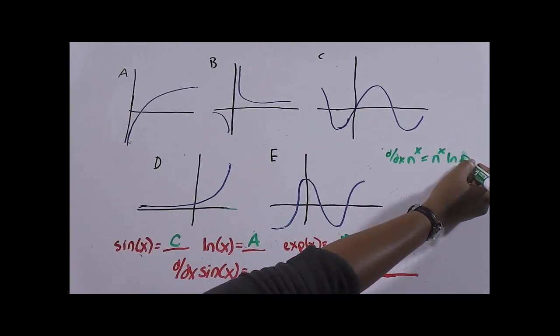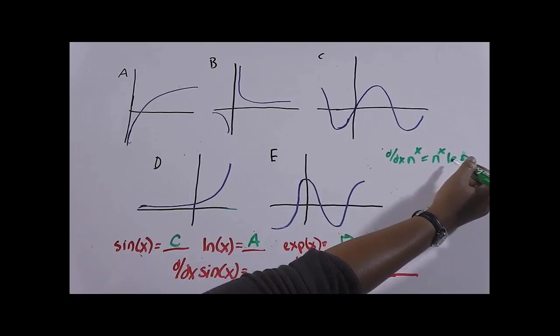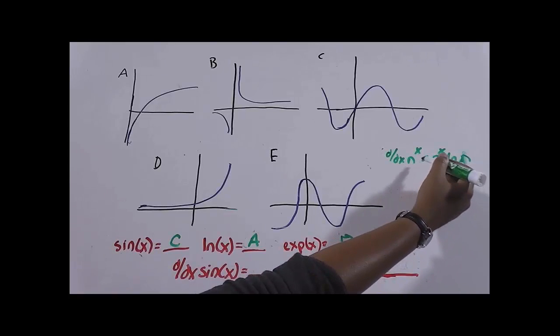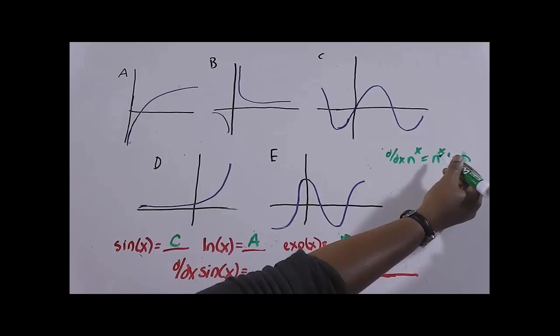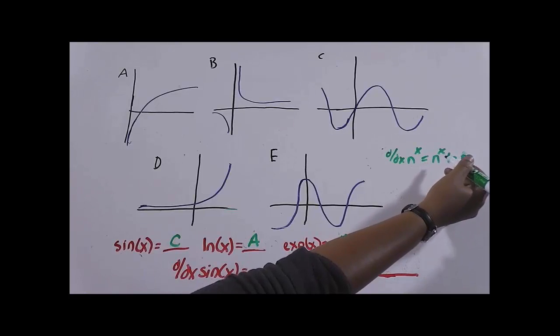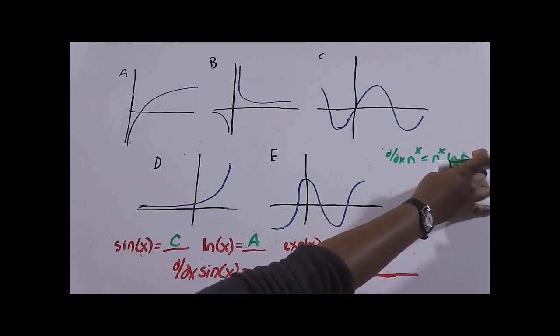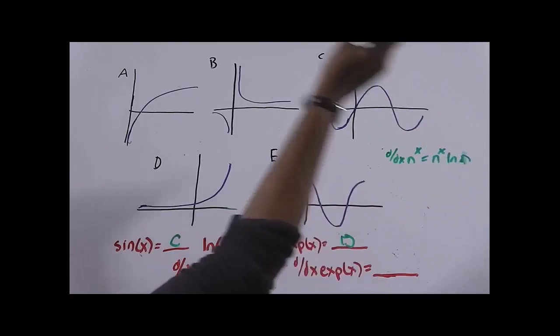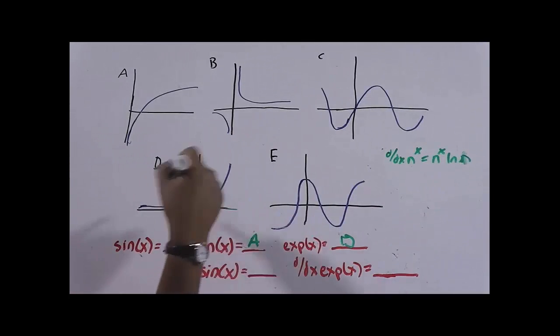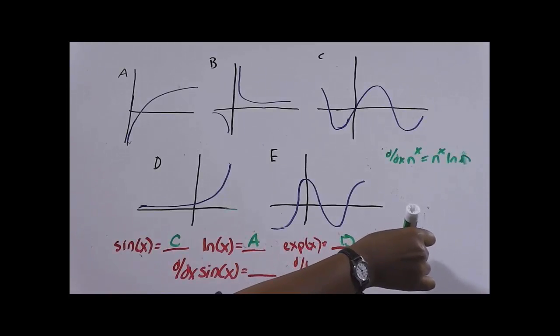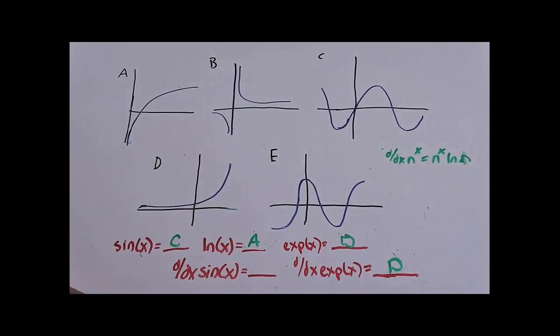And the natural log of that number is just a constant. So essentially, the graph of the derivative of an exponential function is the same graph of the exponential function, just kind of transformed a little because it's multiplied by a constant. So it's safe to say that this is actually going to be the same graph as the exponential function.